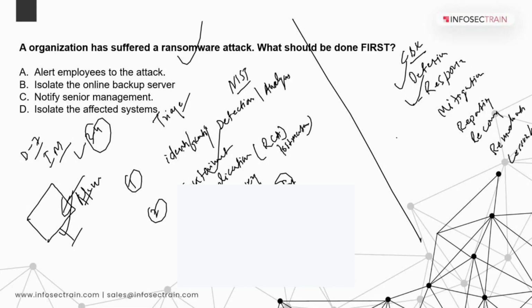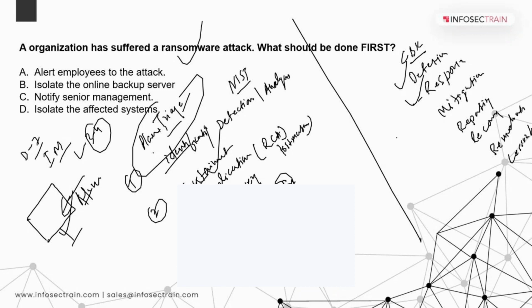You have to prioritize your tasks, find out the impact, and align your resources. Somewhere you find planning also. In NIST also, first is planning, then identification, then containment, eradication, and post. Planning means you are trying to plan your IM, your incident management process and everything you have to do.